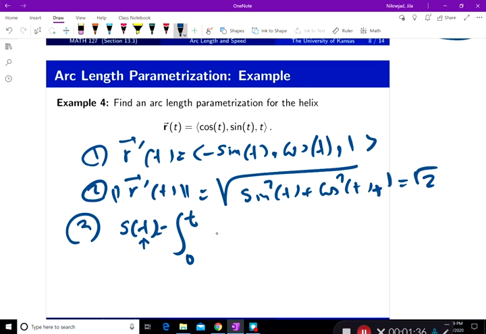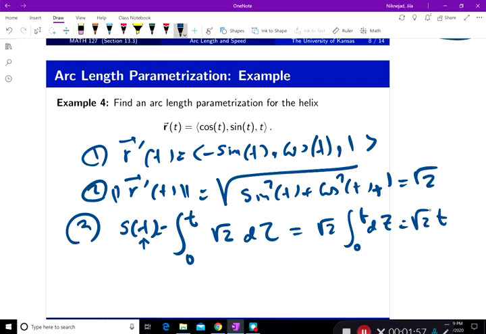And then square root of 2, which is the magnitude of r prime of t, then d tau. And this is going to give me square root of 2 times the integral from 0 to t of d tau, which is square root of 2 times t.